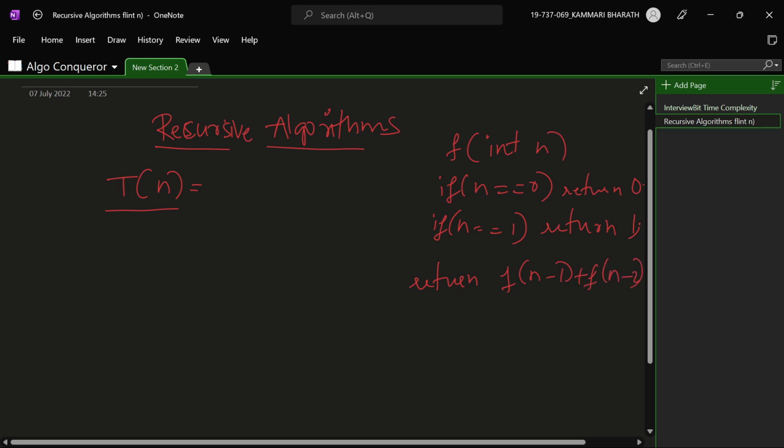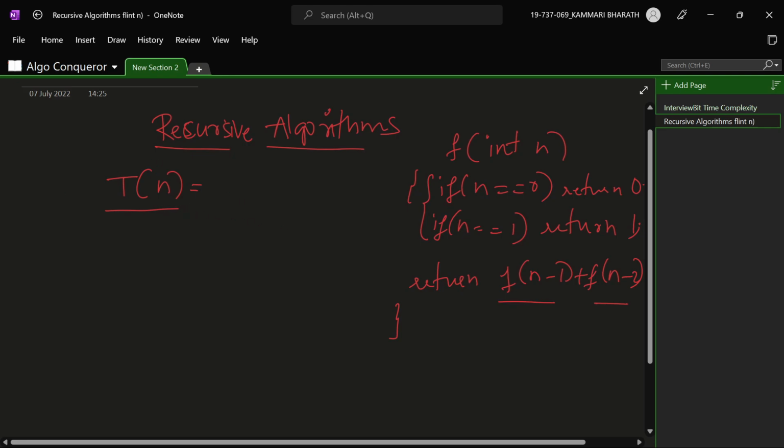Now look at this function. This is the Fibonacci function. Here the input is getting reduced by 1 and 2, and the function is calling itself. So how can you write the recurrence relation? And this is the constant number of instructions. This does not depend on the n value.